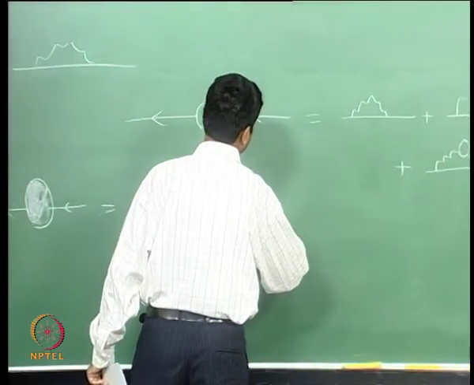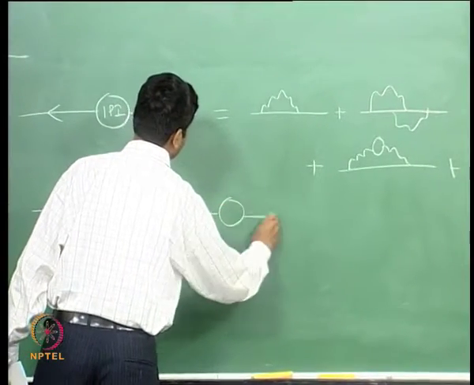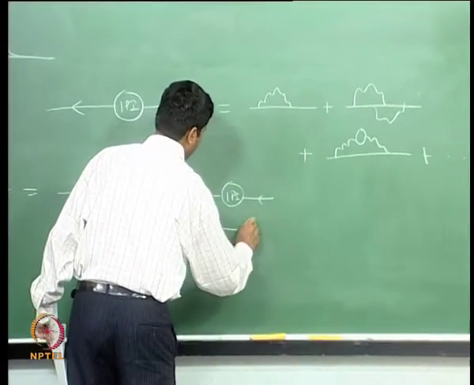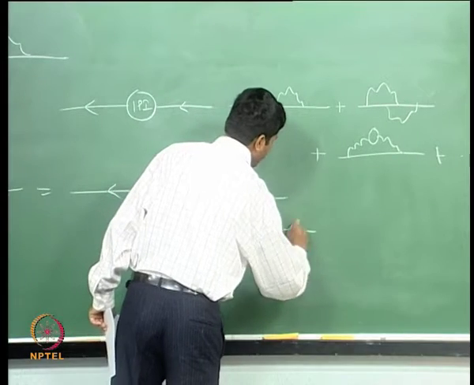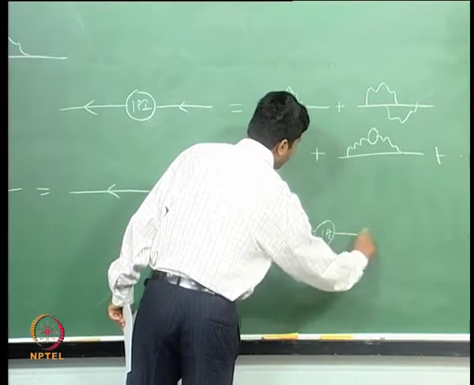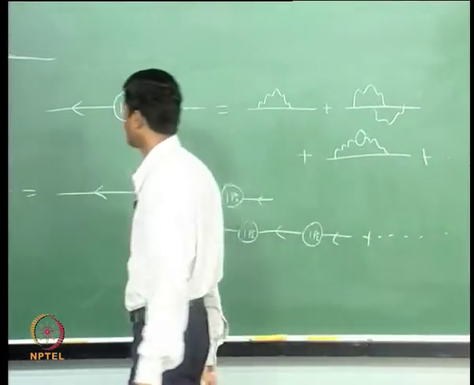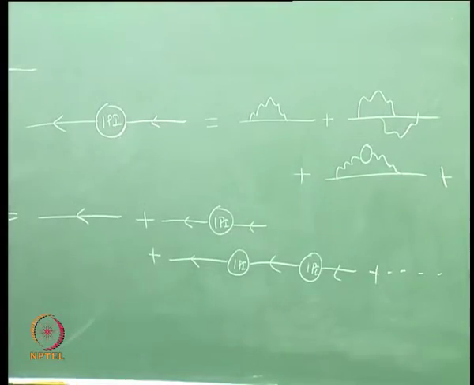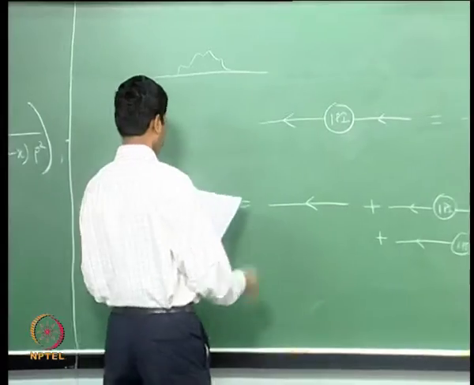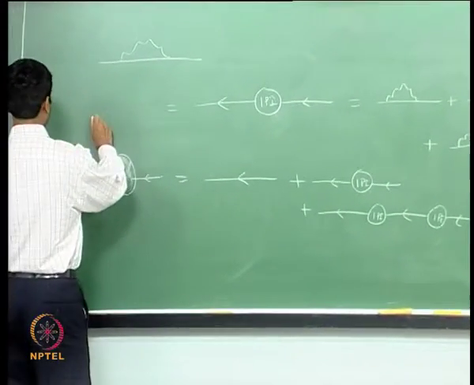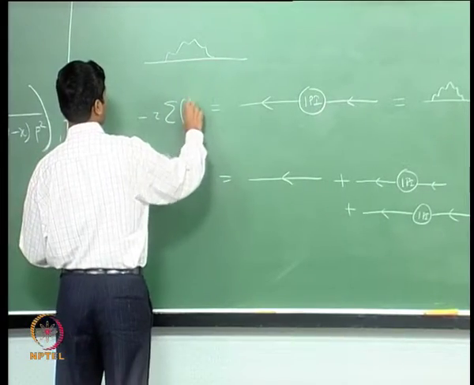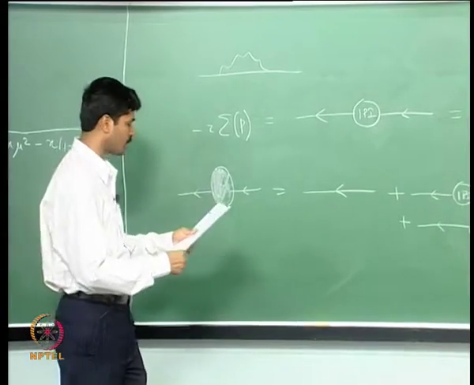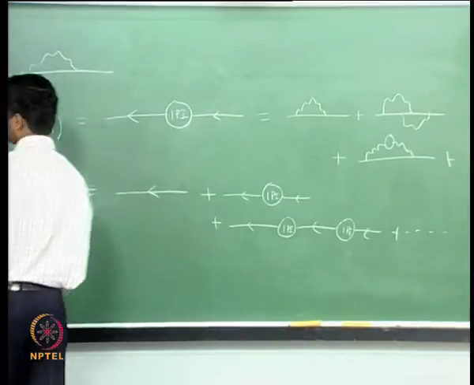Then you have the contribution from this, then you have this, and so on. Summing over all such terms will give you the exact propagator. This I will denote to be minus I sigma of p, and we would like to evaluate the exact propagator here. So the exact propagator will have the following form.